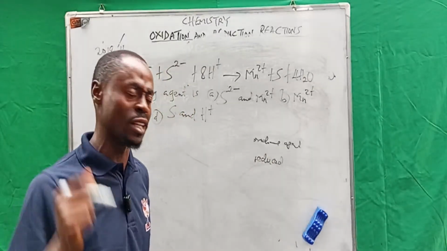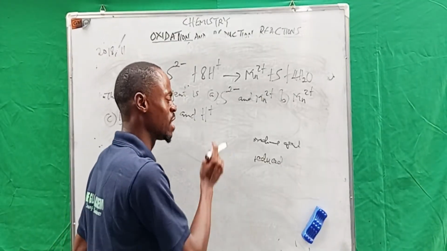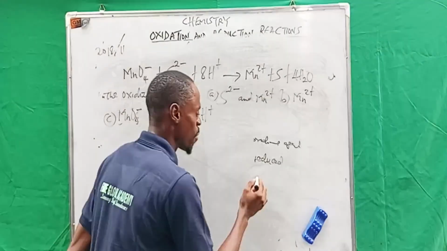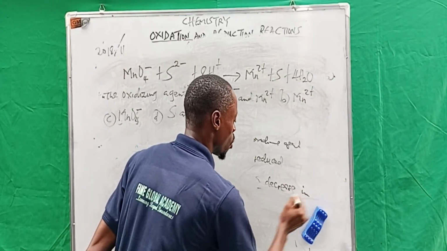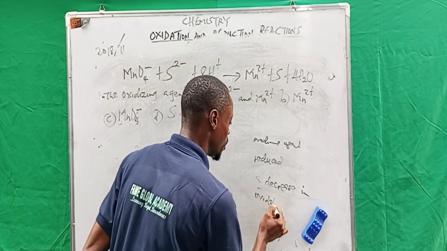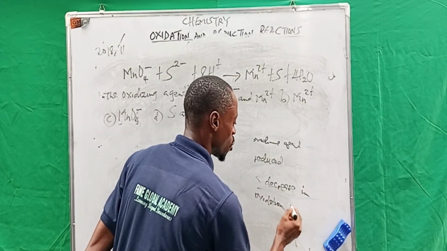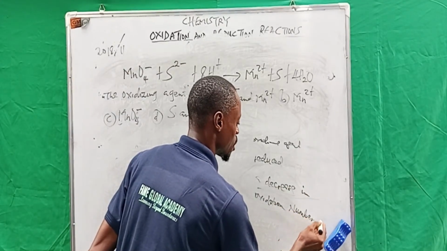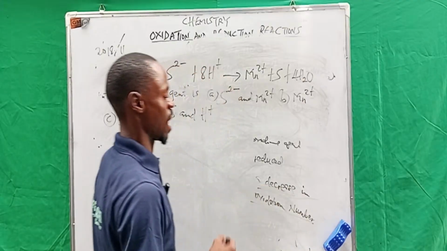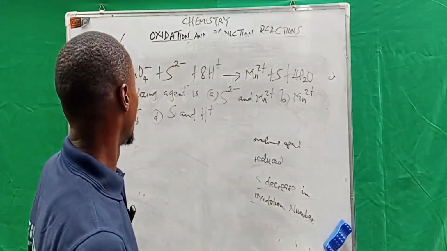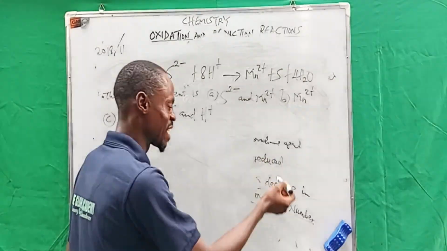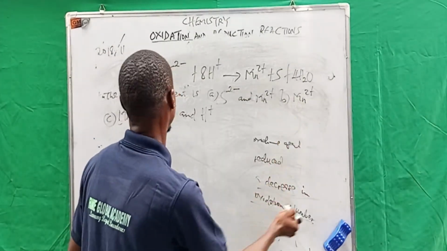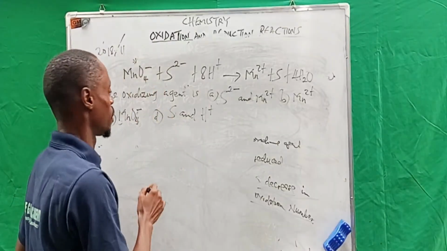It follows that any species or agent here that is having a decrease in oxidation number is the species that is the correct answer to this question. Let's look at the species that is going with a decrease in oxidation number. Let's take a look at this species.